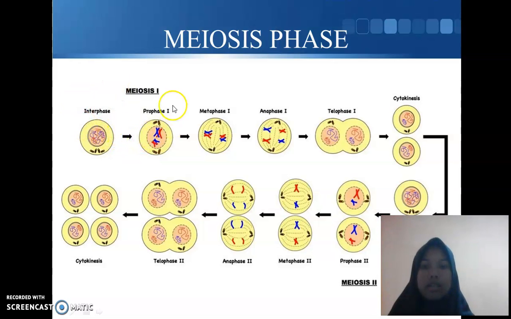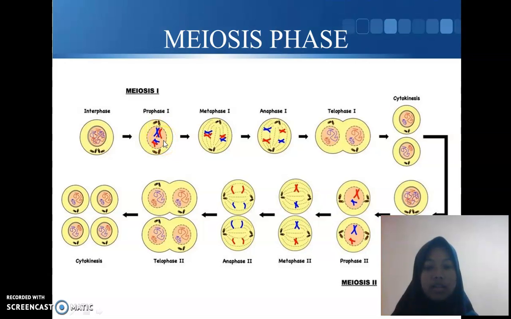and next, prophase 1. At the onset of meiosis, DNA strands thicken into chromosomes. Homologous, or like, chromosomes begin to approach each other. Homologous chromosomes pair to form bivalents.